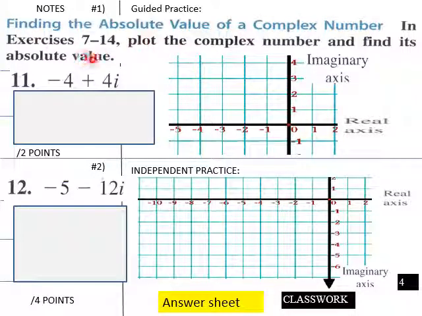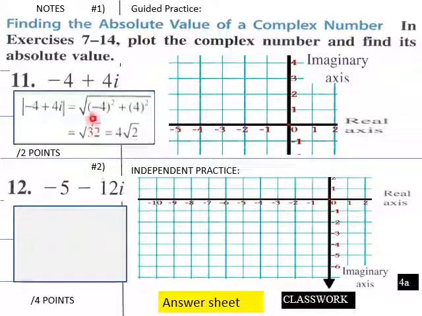Okay, so let's try one for number 11 here. Plot the complex number and find its absolute value. So we have up here negative 4 plus 4i, and we put that underneath a radical. Negative 4 squared plus 4 squared, radical of that. And we get radical 32, which becomes 4 times square root of 2.